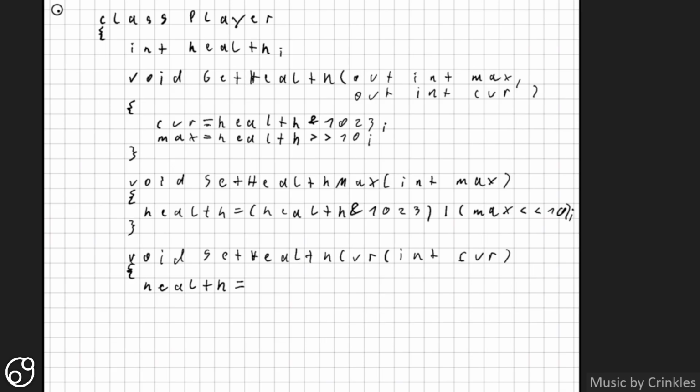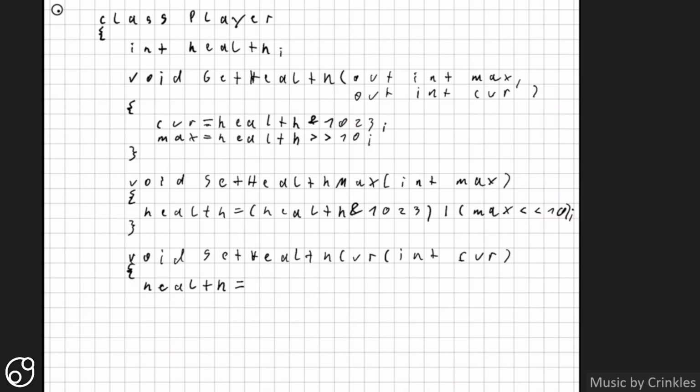So it's basically the inverse of this above here. The inverse of 1023, which is 22 zeros followed by 10 ones. We want now 22 ones followed by 10 zeros.